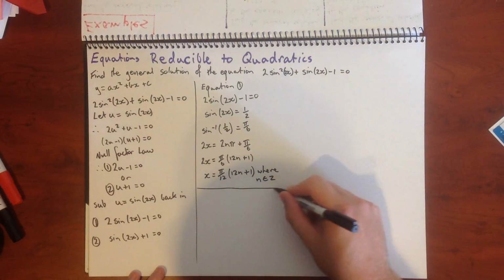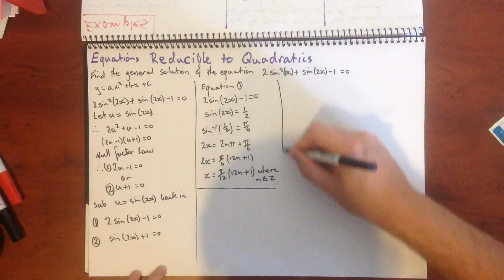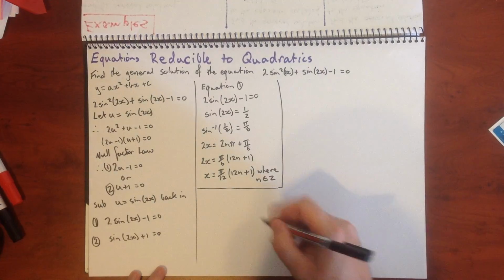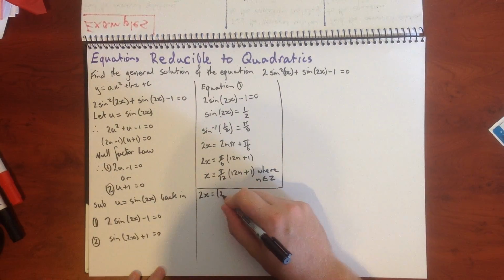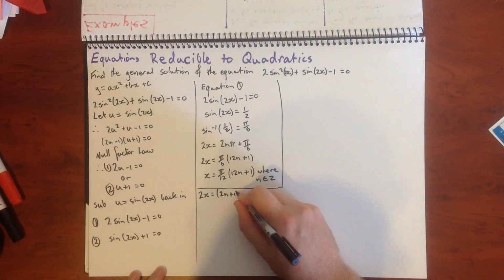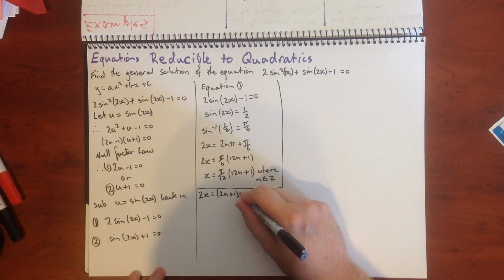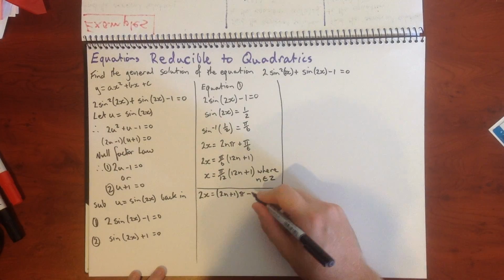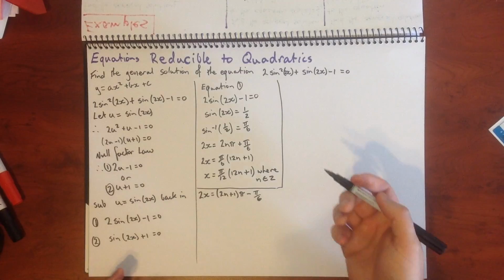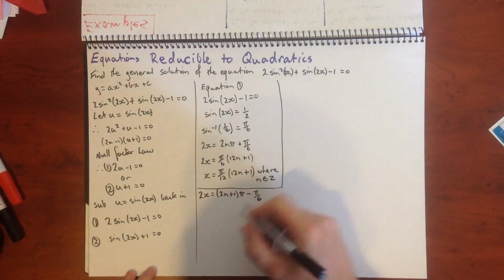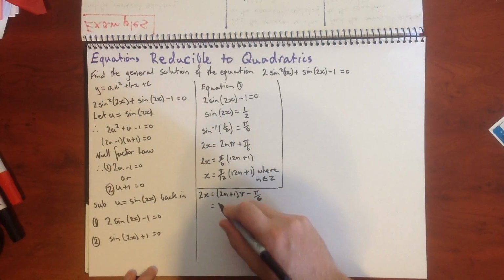So there's one solution there. Which is when we've got 2x equaling 2n plus 1 outside of pi minus pi on 6. I'm just having pi on 6 straight in because we know it. So we need to expand our brackets first.